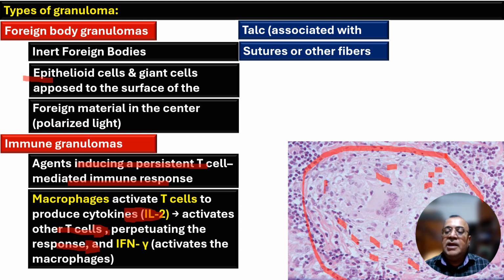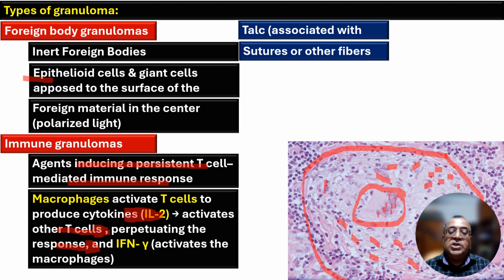So these are epithelial-like, or epithelioid, cells, and there is a giant cell within this granuloma. This giant cell has multiple nuclei present on one side of the cell. So it is a large cell with multiple nuclei.